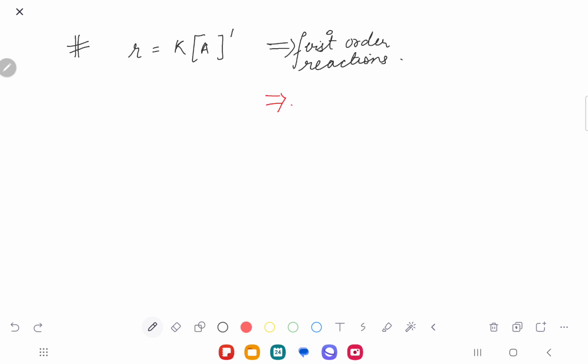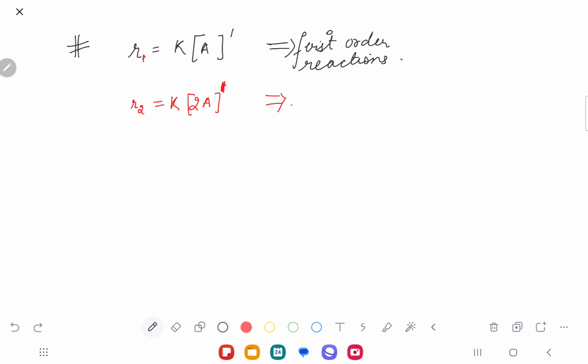Now understand. Up till now, what we have learned is that if R equals K, some concentration A raised to the power 1, this shall be called a first order reaction. Secondly, if I double the concentration, let's suppose this time rather than adding A moles, I add 2A moles. Initially the rate was R1, now the rate is R2.